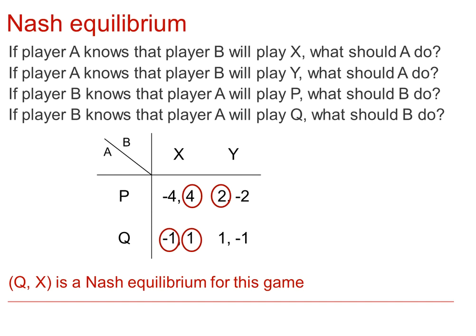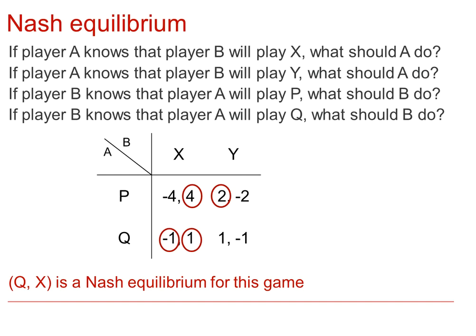And this Nash equilibrium means that both players would choose not to change if they knew the other player's choice. Now, this doesn't mean it is necessarily the best possible outcome for them both. Simply that they wouldn't choose to change it even if they could guess their opponent's strategy.